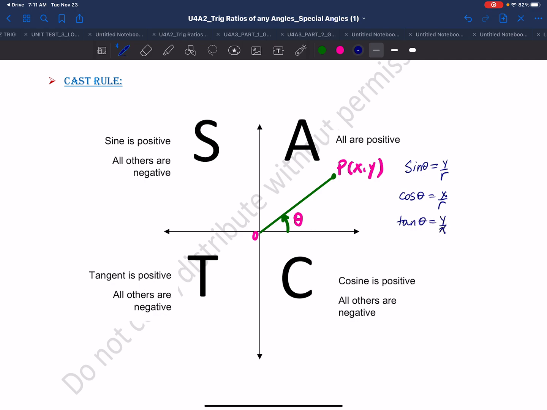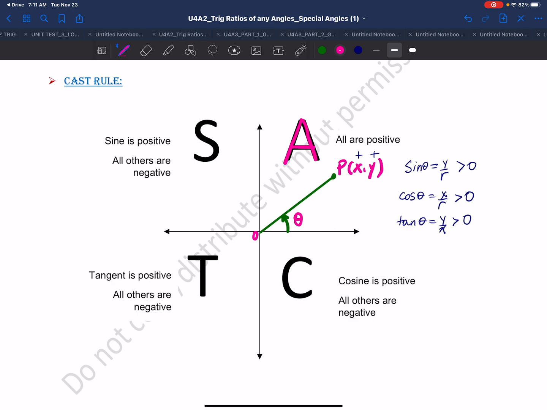Now, as you can see, since we are in the first quadrant, x will be a positive number and y will also be a positive number. Remember that r is always positive, so we'll say that sine will be positive, cos will be positive, and tan will be positive. Or in other words, we're going to say that all ratios are positive.